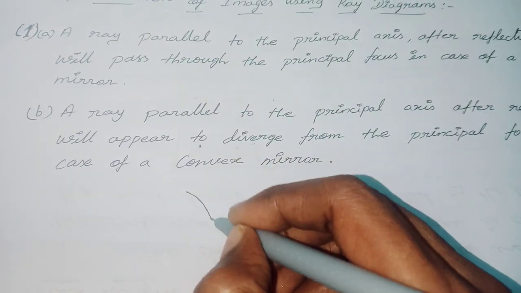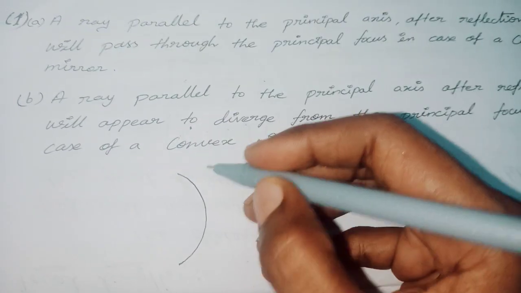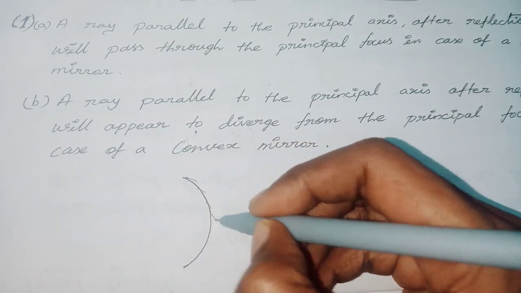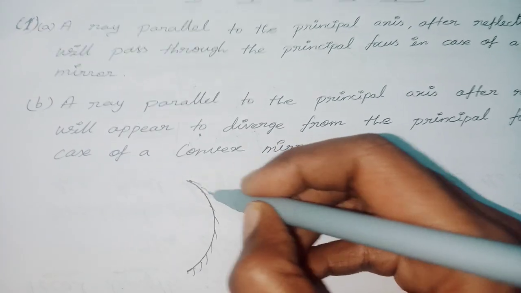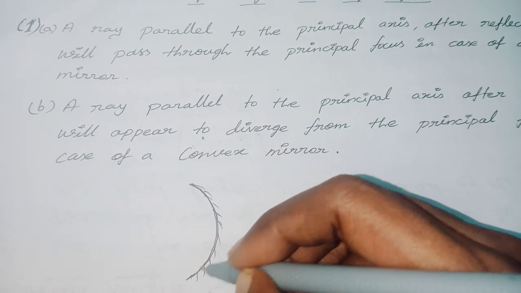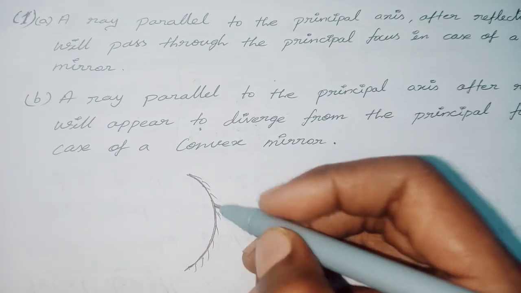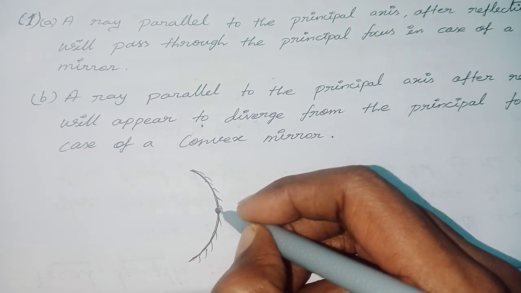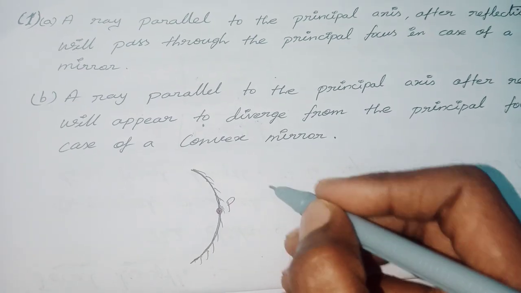We know how to draw the concave mirror. So this is the concave mirror. This is the faded part of the concave mirror. This is the reflecting surface of the concave mirror. We know this point is denoted as P, that is nothing but the pole.